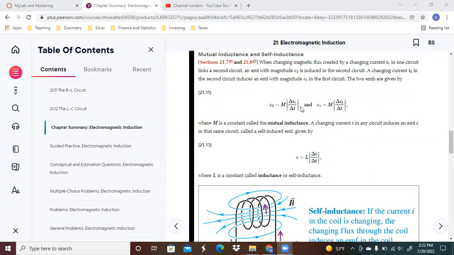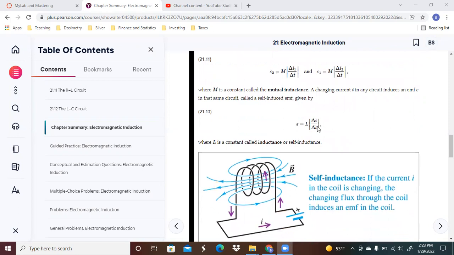A changing current, I, in any circuit induces an EMF in that same circuit, called a self-induced EMF, and that's given by this, where L is a constant called the inductance or self-inductance. So you have the EMF in 2 that comes from the changing current in the first circuit, and the EMF that is induced in circuit 1 by the changing current in the second circuit.